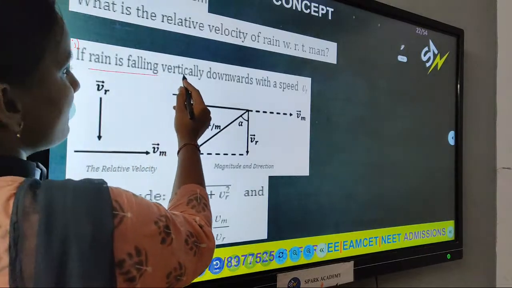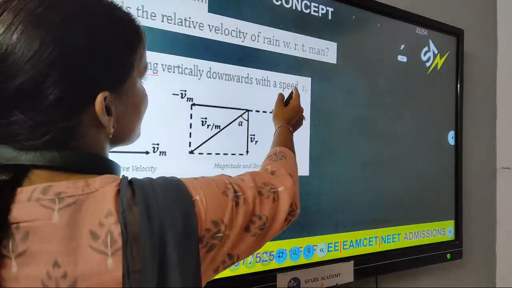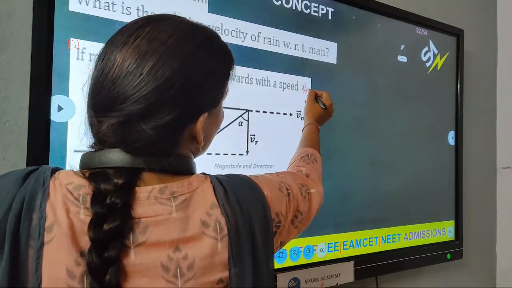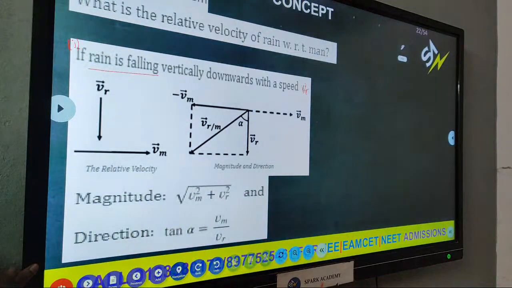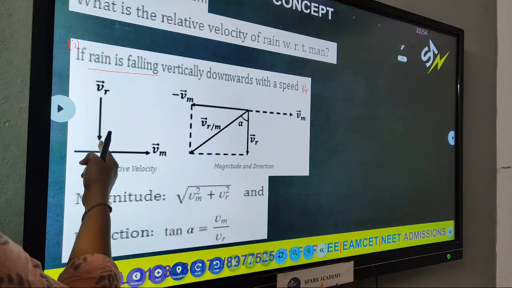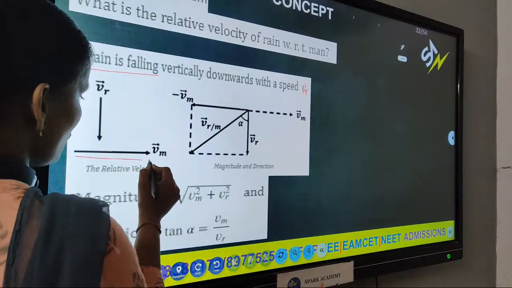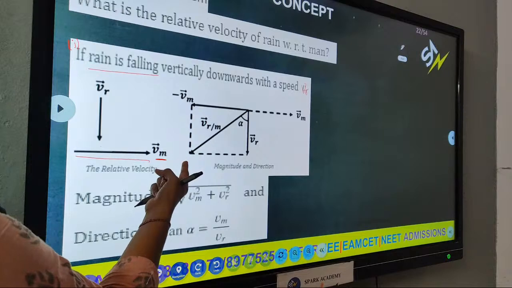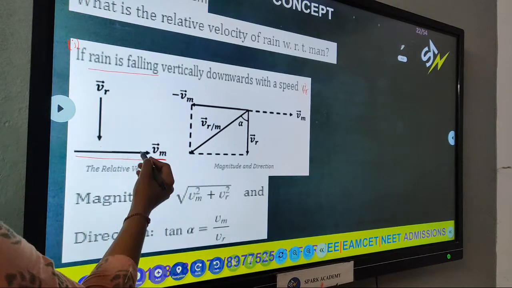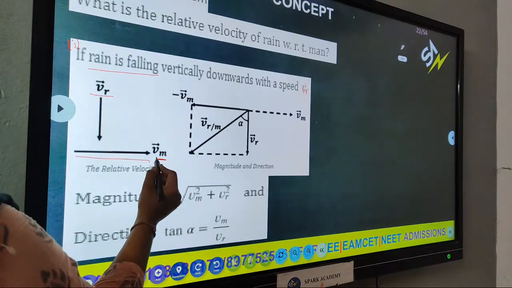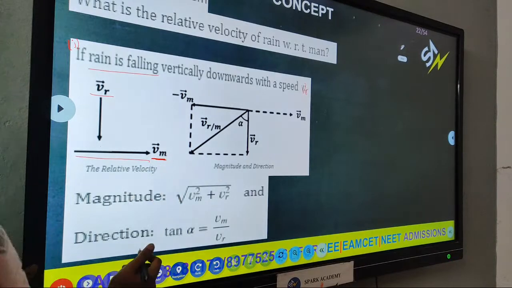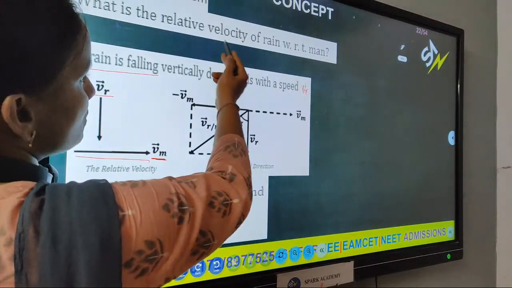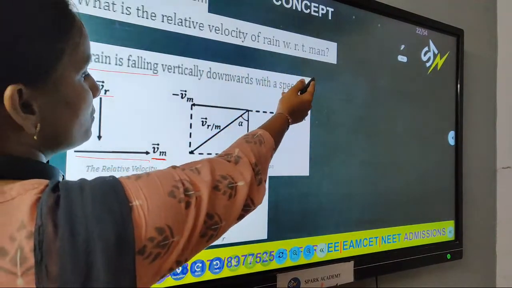If rain is falling vertically downwards with speed VR, that is the velocity of rain falling vertically downward, and this is the velocity of the man who is moving in the eastward, forward direction. These are the directions of velocity of rain and velocity of the man. Now we have to find the velocity of rain with respect to the man.